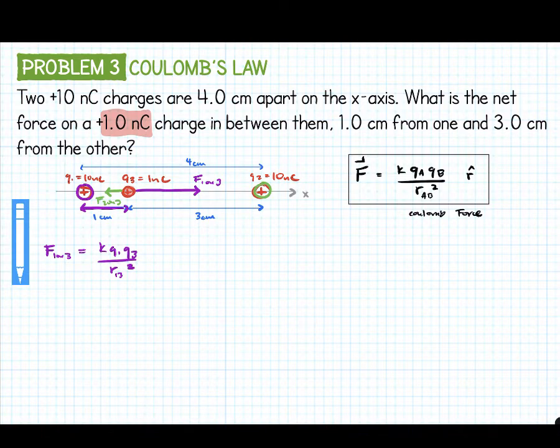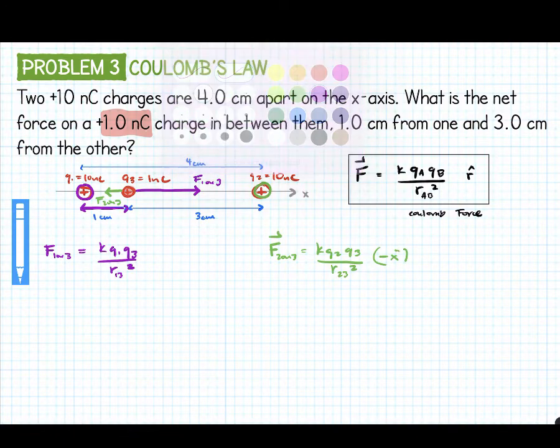We can also write out over here F2 on 3 is k q2 q3 over r_23 squared. Remember, this is to the left, so that's going to be negative x hat if you want to make that a vector, and this one is to the right, so that's positive x hat.